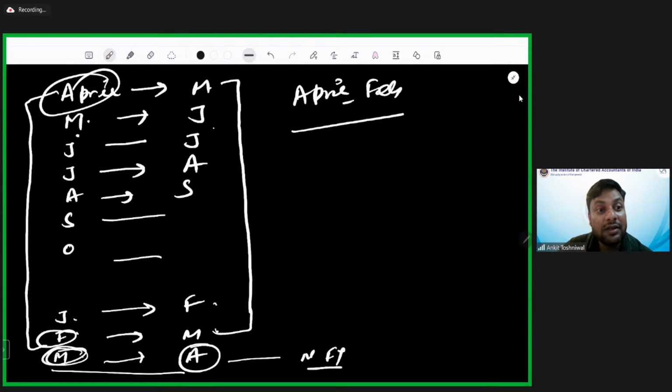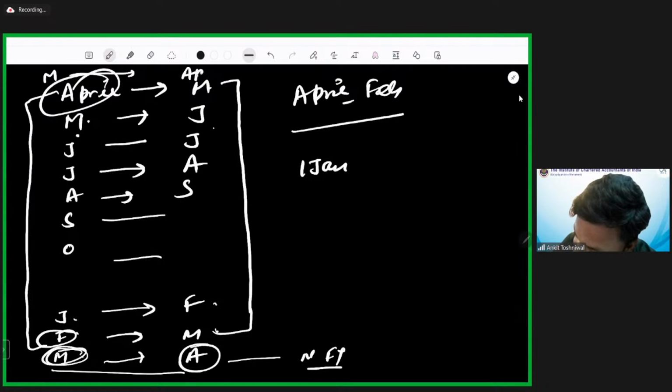Correct? But he joined on 1st Jan, right? Correct? He is already an employee of the company. So last financial year's March salary is taxable in this financial year in April, because both due and receipt will be in April. Correct?